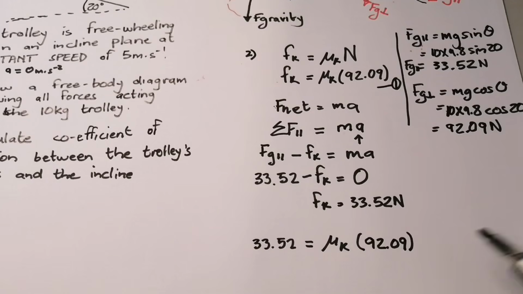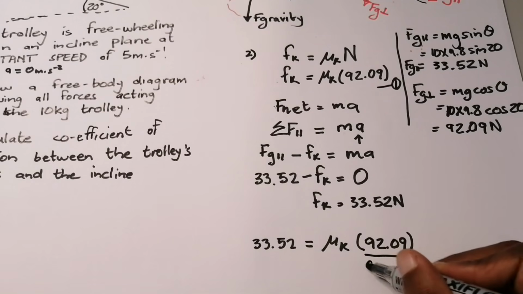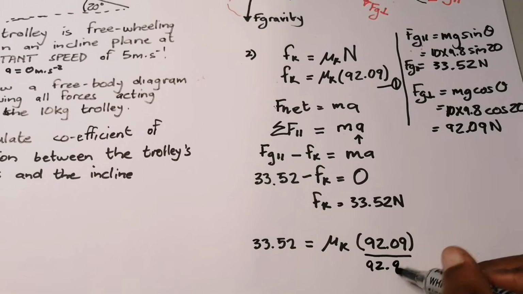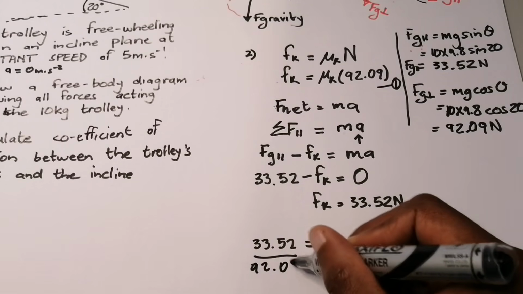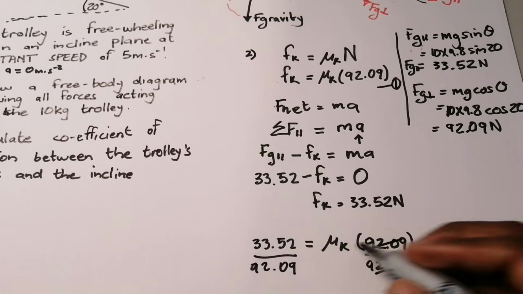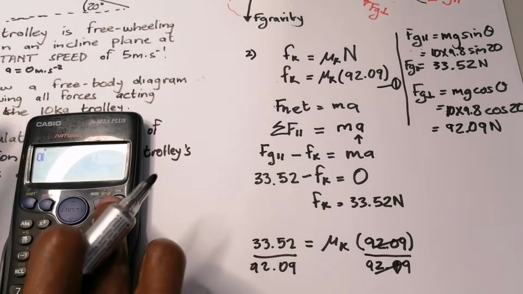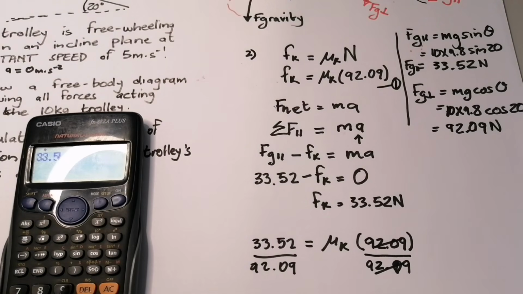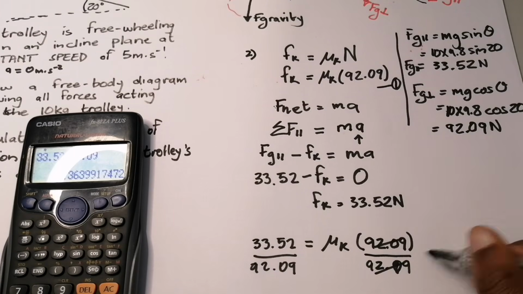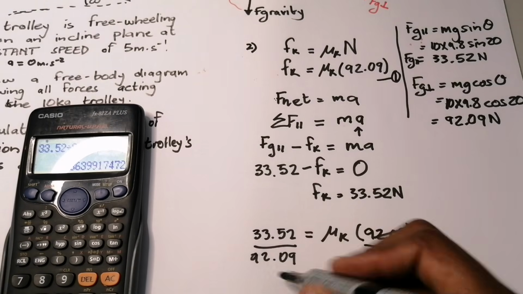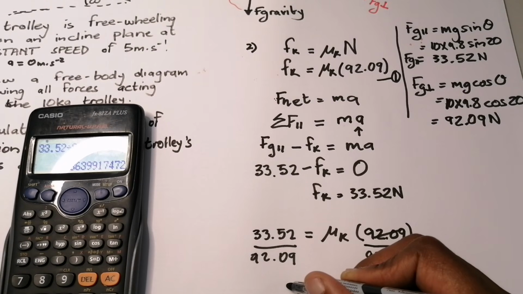So we're going to basically divide both sides by 92.09, and our coefficient value, that's 33.52 divided by 92.09, okay, and I seem to get a coefficient value of 0.36.